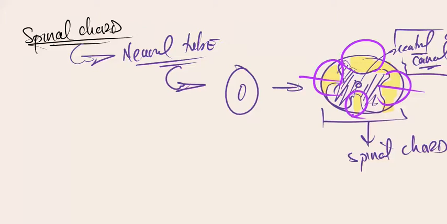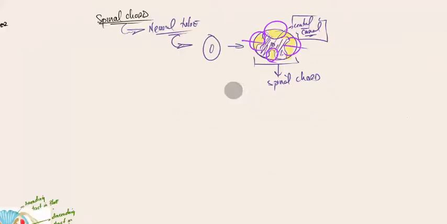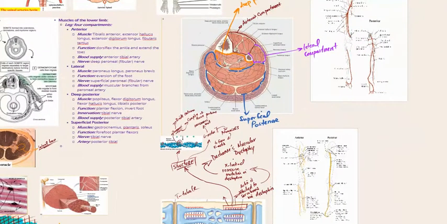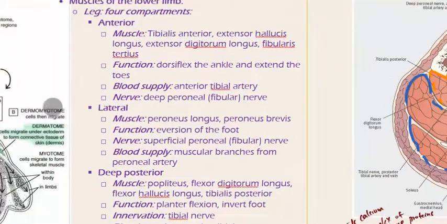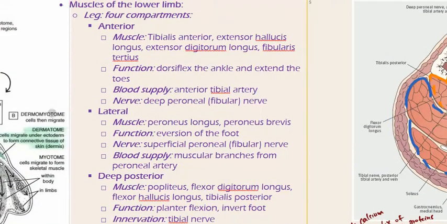Then we're gonna look at the skeletal muscle, right? Then remember we had the neural tube. The neural tube is gonna give us the spinal cord. Then we had the neural crest cells.